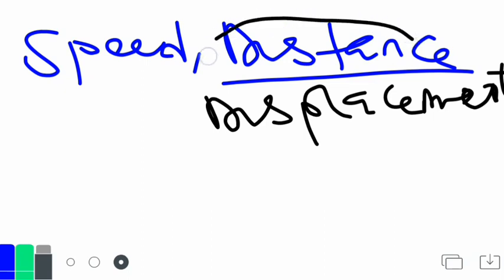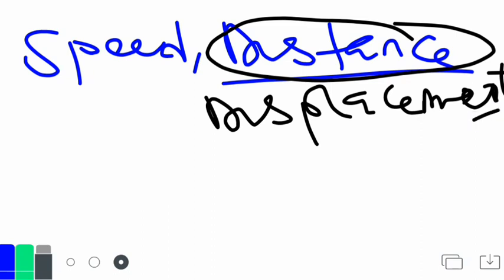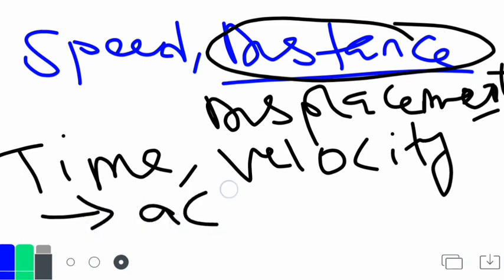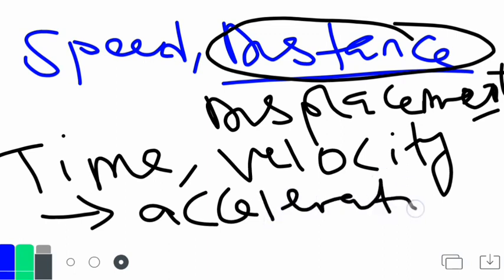So when you're talking about distance, we are referring to a scalar quantity, okay? But we'll talk about that in a minute. And we also have, of course, time as a quantity. And then also we are looking at velocity. And finally, we are looking at acceleration, okay? The acceleration of an object. So these are some of the terms that you need to understand under the trivial graphs, okay?